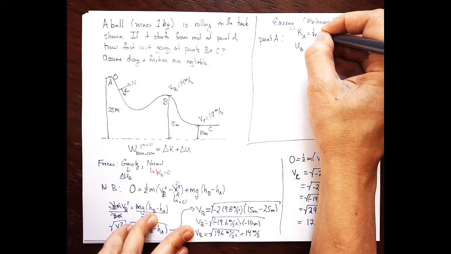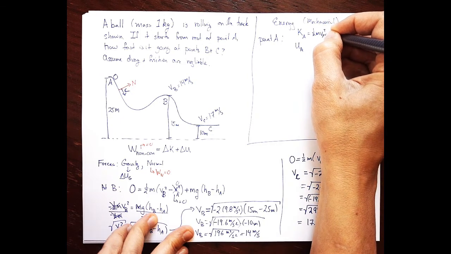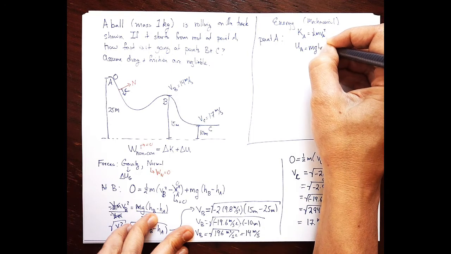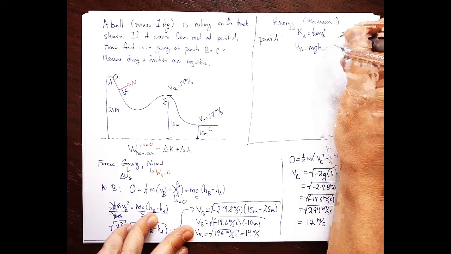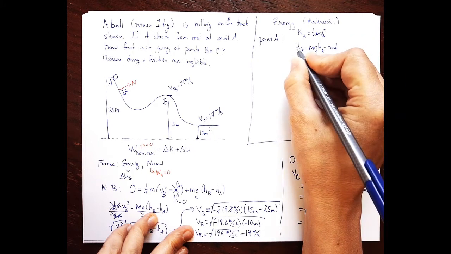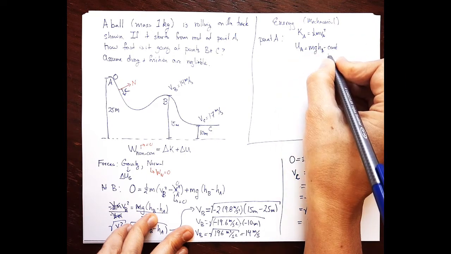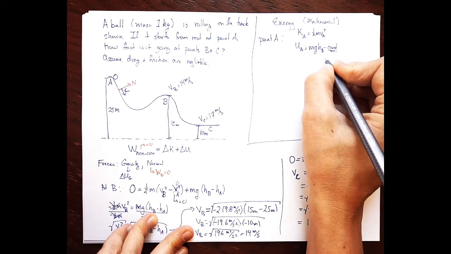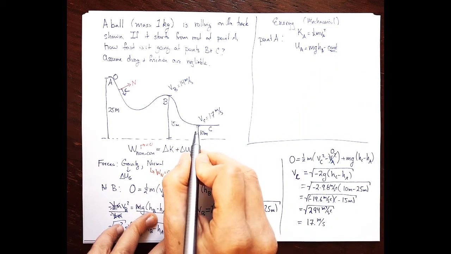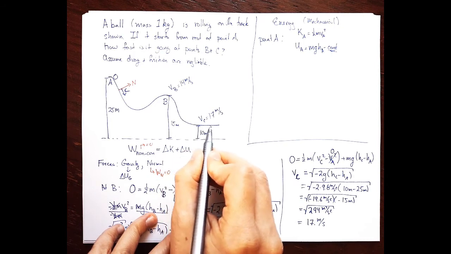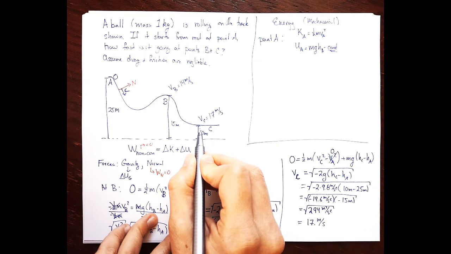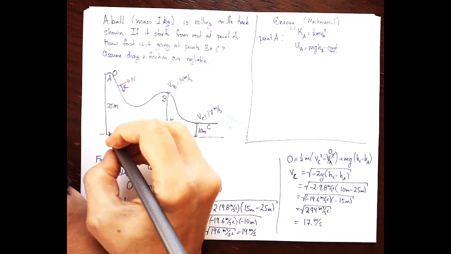The kinetic energy is one half mass v squared. Potential energy due to gravity is mgh at A minus a constant. So I guess we need to figure out where we want the potential energy equal to 0, so we can figure out what that constant is. Okay, looking at this, let's make it at this lowest height here. That'll be our reference point for the gravitational potential energy.